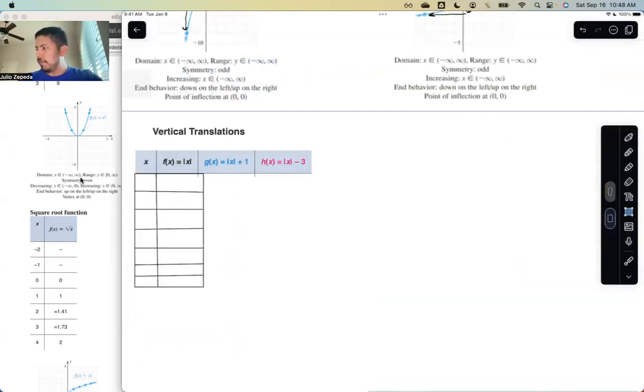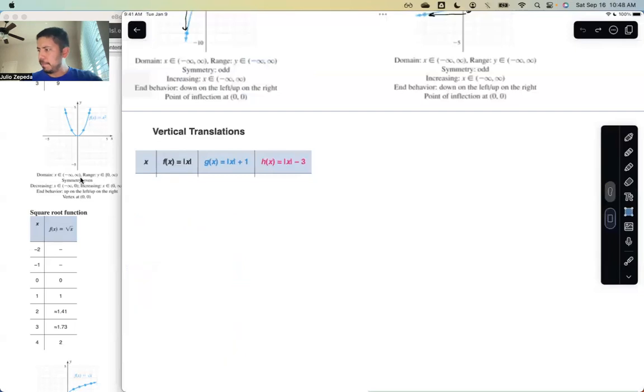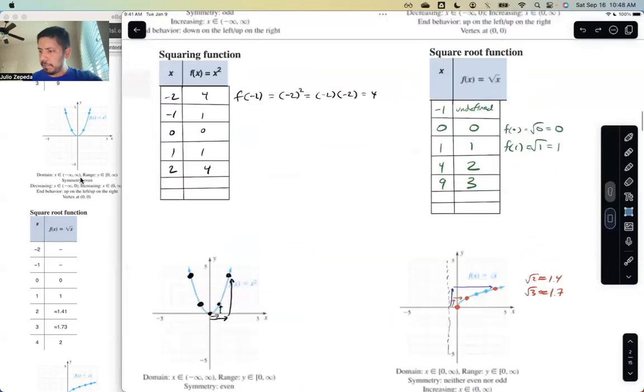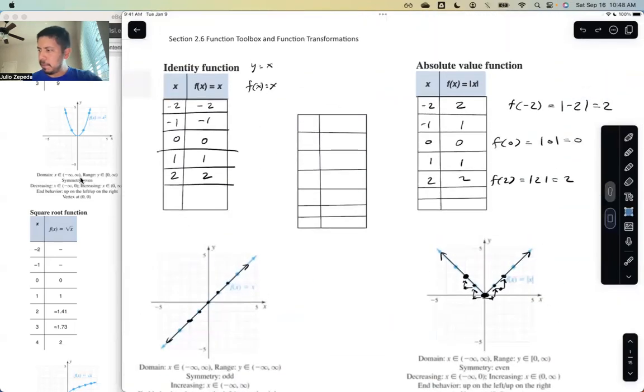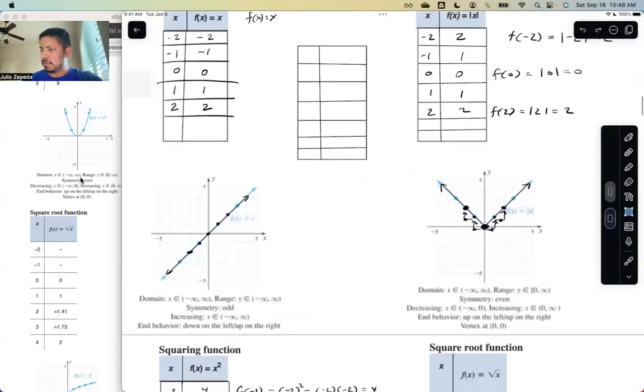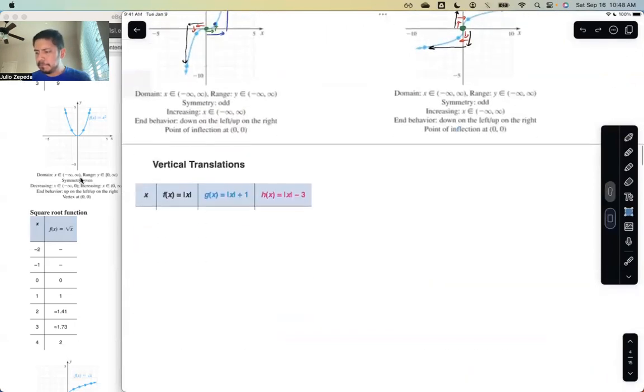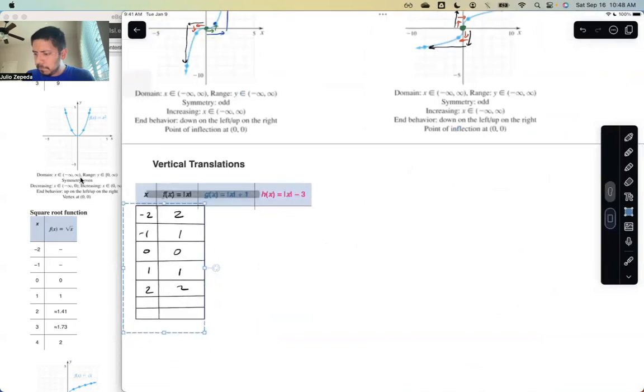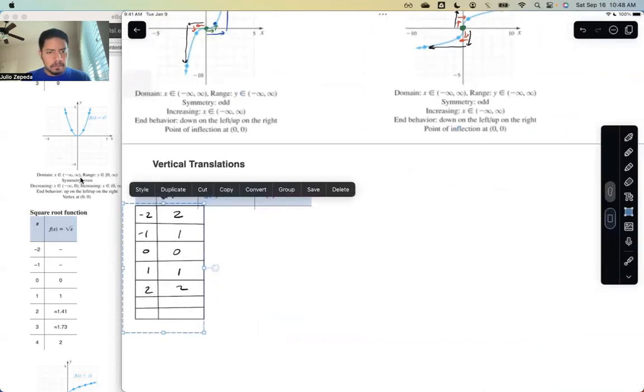And actually, to save a little bit of time, maybe I'll just copy the absolute value of x right there.